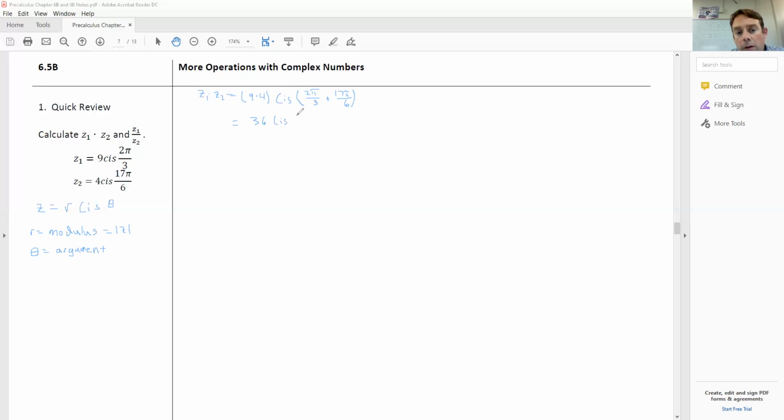And again, we did this problem yesterday, so it's just a little review to make sure we're all on the same page before we dive in. Plus 17 pi over 6, and that'd be 36 cis 21 pi over 6.